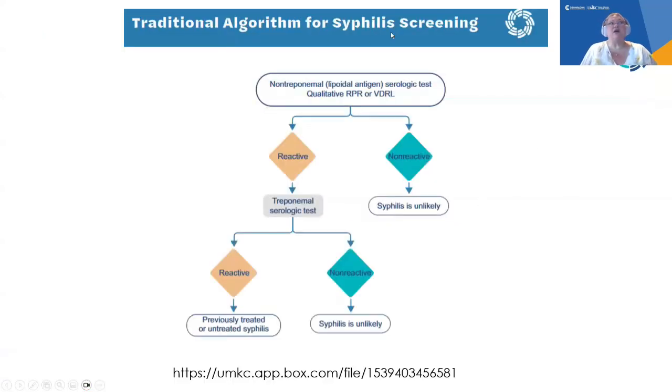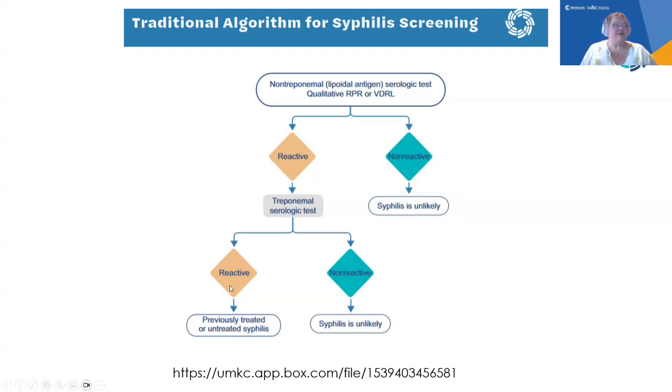Here's the traditional algorithm that we use for syphilis screening, and this is also included in your box resources. We start off with the RPR. If it is reactive, it dominoes into the treponemal specific test, be it EIA, CIA, TPPA, whatever.